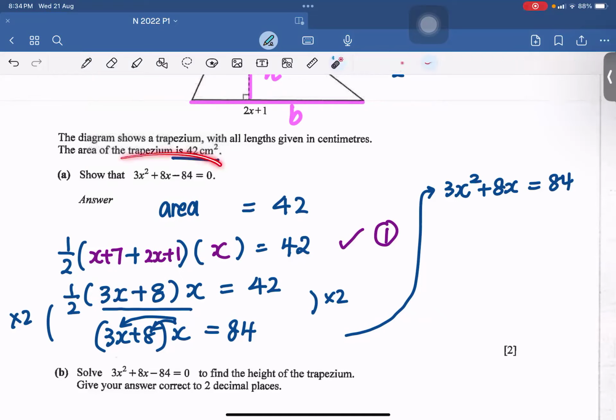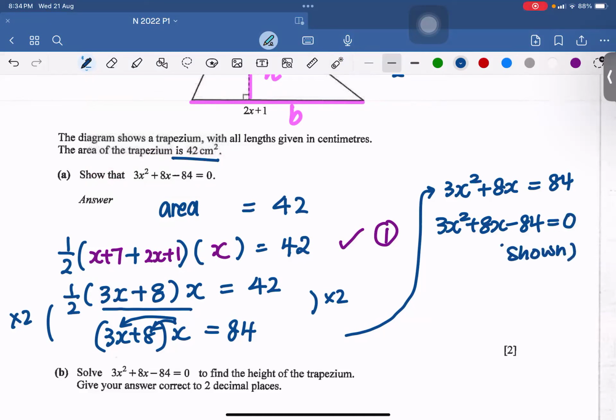They want it in this manner. What else do I need to do? Shift 84 over to negative 84. Correct. Good. Shown. 2 marks.